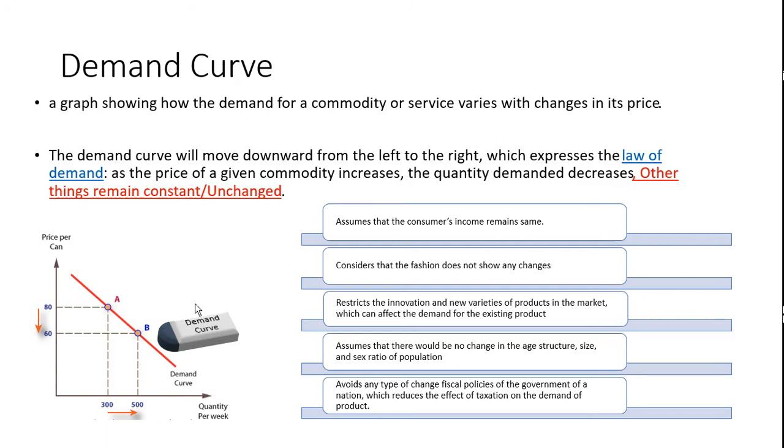Last, it avoids any type of change in fiscal policies, because with a change in fiscal policies there is a risk that although the price doesn't change, it may affect demand. If you introduce new import or export policies, there is a possibility that demand can increase or decrease regardless of price increase or decrease. So these are the five assumptions which should remain constant or unchanged. If these assumptions change, our law of demand will not be applicable.